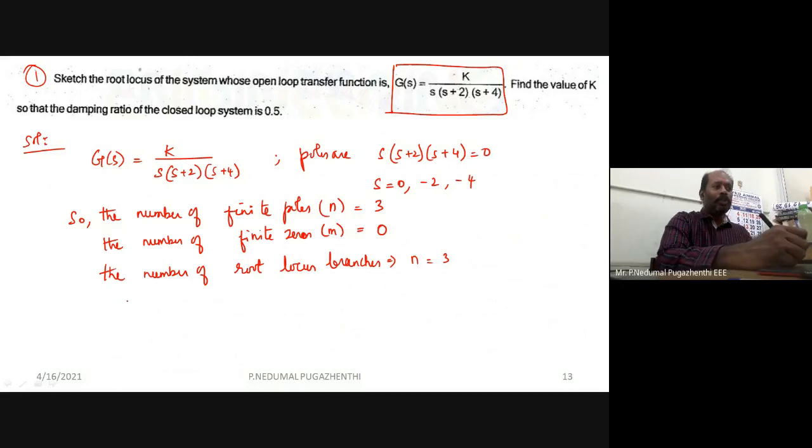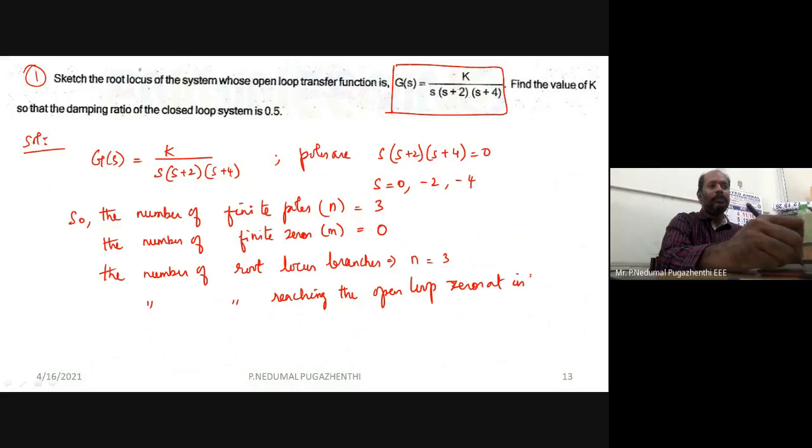The number of root locus branches reaching the open loop zeros at infinity is n minus m, which is 3 minus 0, which is equal to 3.